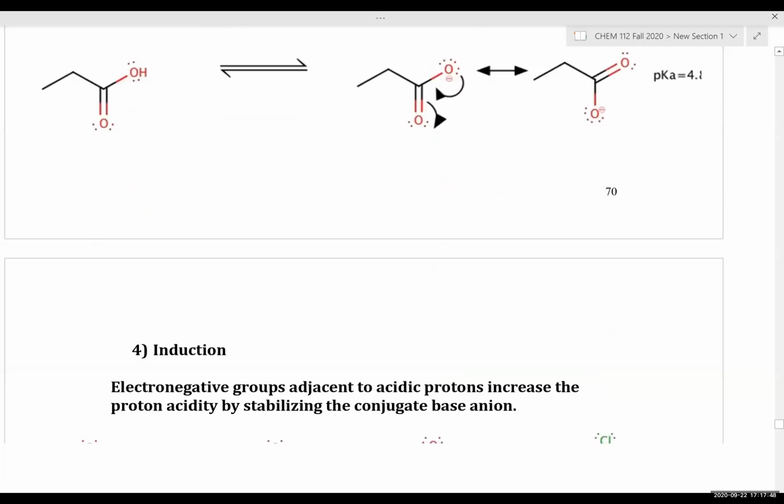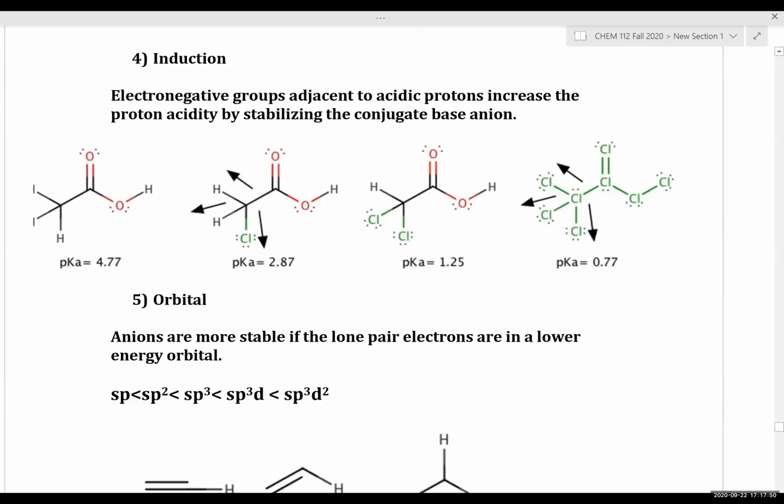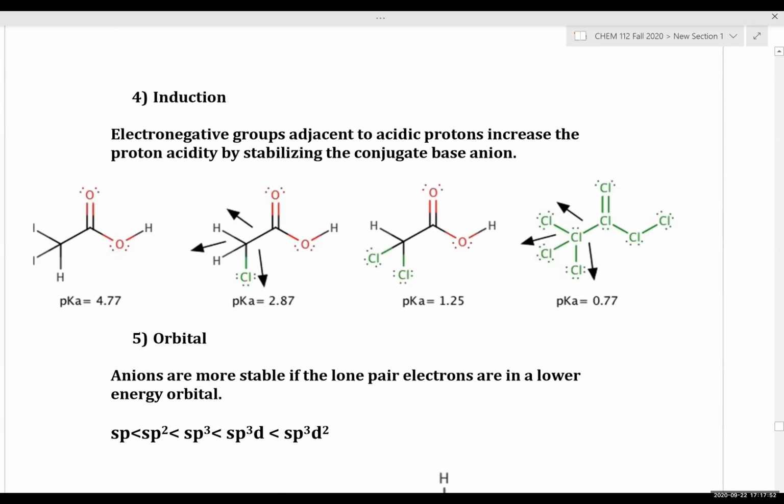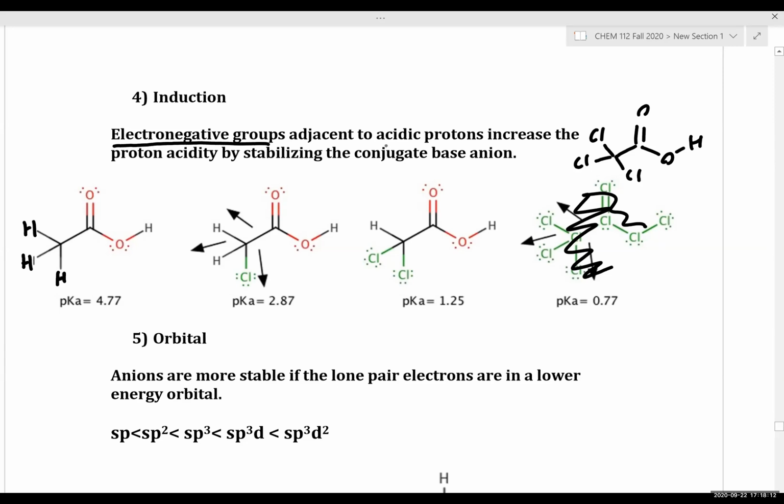Continuing on, the next major effect is induction. So quite simply, in inductive effects, let me draw out. Sometimes the structure drawing tool likes to modify the structures that I've pasted in. So electronegative groups adjacent to acidic protons increase the proton acidity by stabilizing the conjugate base anion.